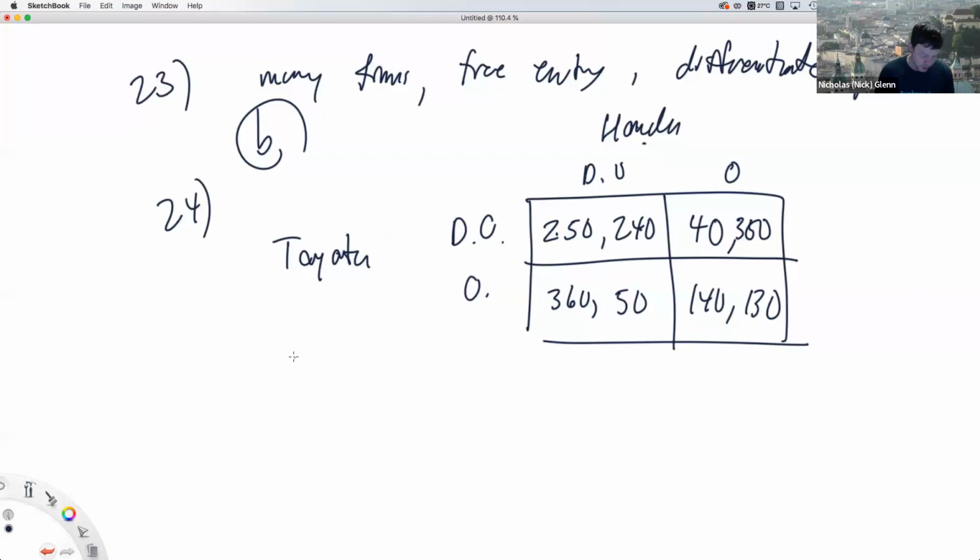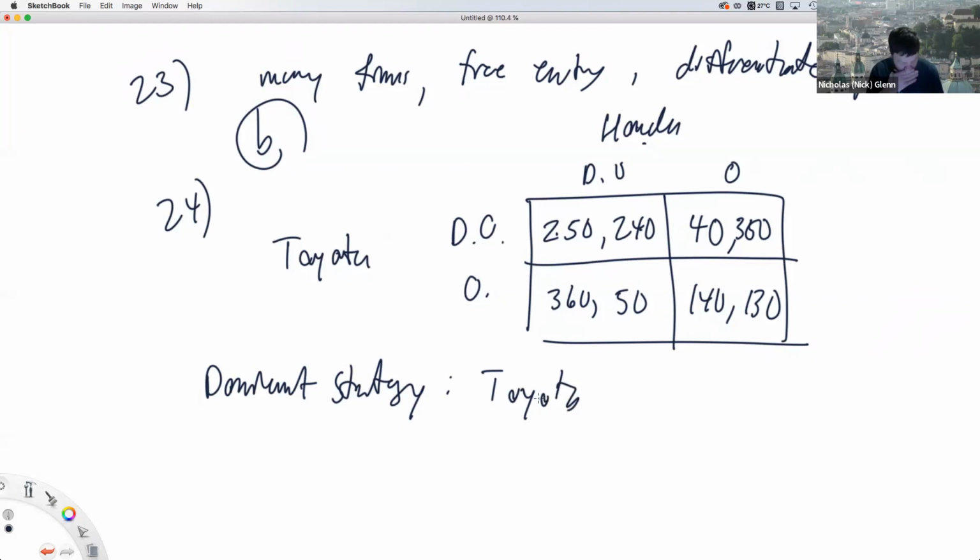All right, so what's the dominant strategy for Toyota? Or if there is one. All right. Well, let's look at the point of view of Toyota. They're always going to make their move based off what they think the other person does. So if Honda doesn't offer, they have a choice between 250 and 360 if they offer.